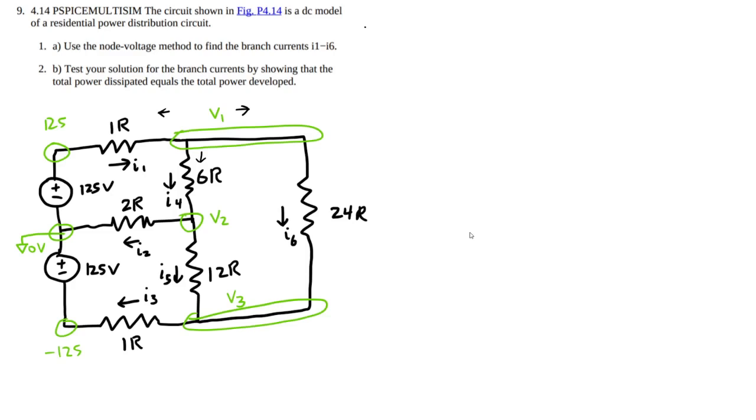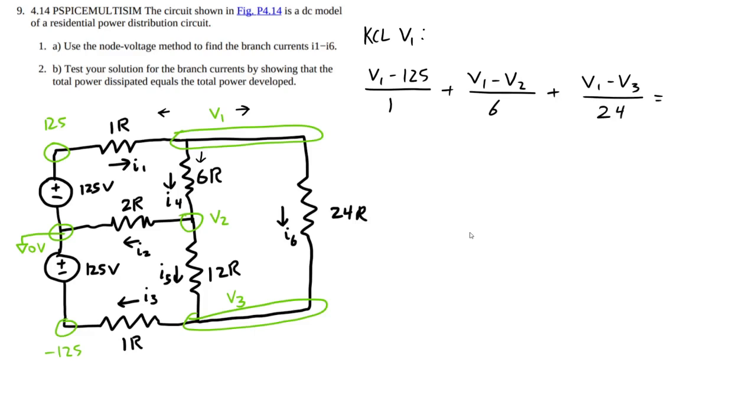Alright, so KCL at V1, there is V1 minus 125 divided by 1 ohm plus V1 minus V2 divided by 6 ohms plus V1 minus V3 over 24 ohms equals 0.